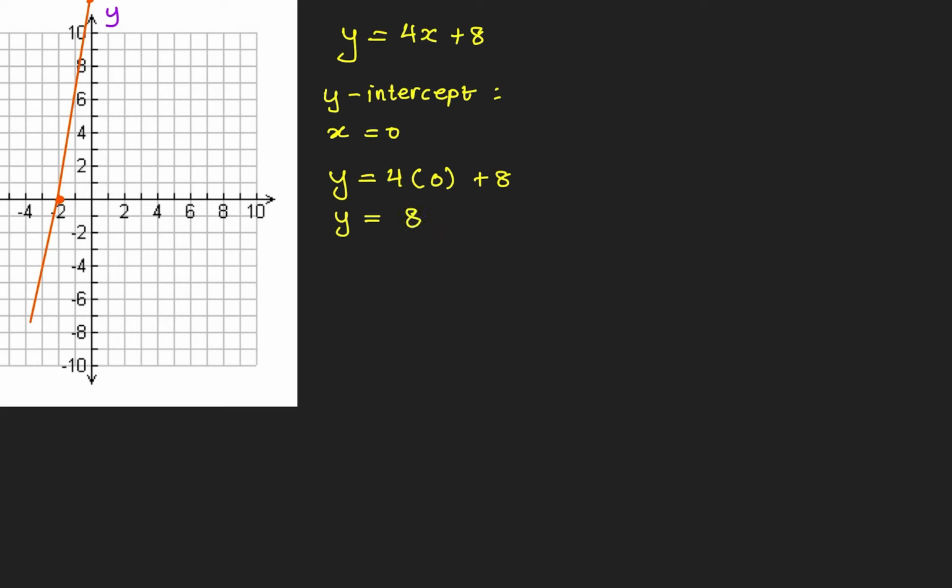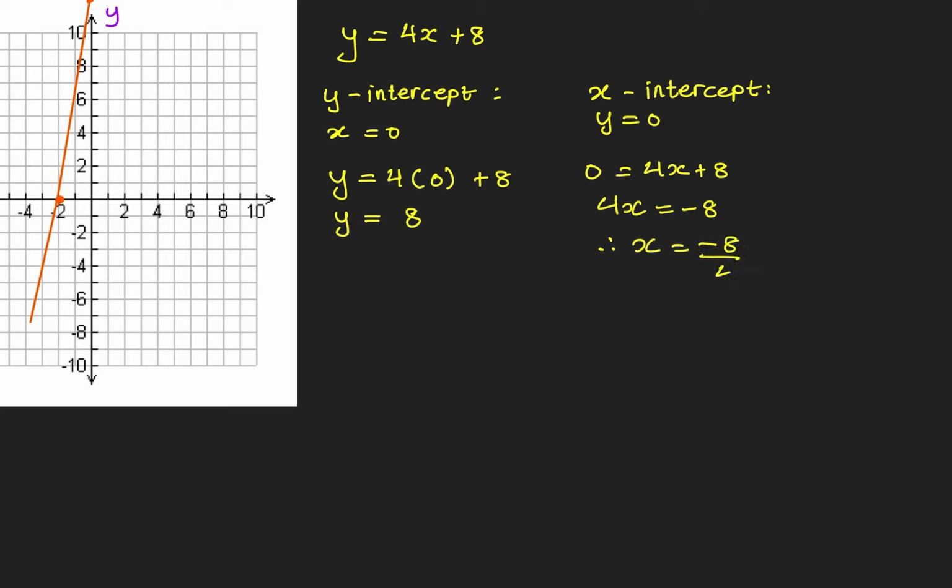Now let's find the x-intercept. So that means y has to equal 0. So 0 is equal to 4x plus 8. 4x is equal to negative 8. So therefore, x is equal to negative 8 upon 4, which is negative 2.